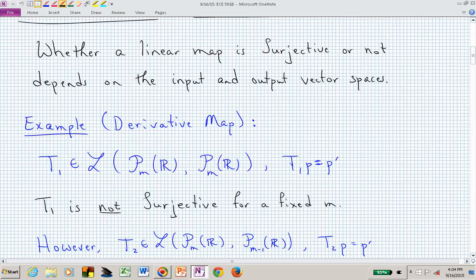The first part, I hope, was clear that this derivative map is not surjective when the polynomials are of the same fixed dimension m. Because when you start differentiating a polynomial, you immediately drop it down an order or a power. And so you're not going to fill the entire vector space that is potentially there with an mth order polynomial.